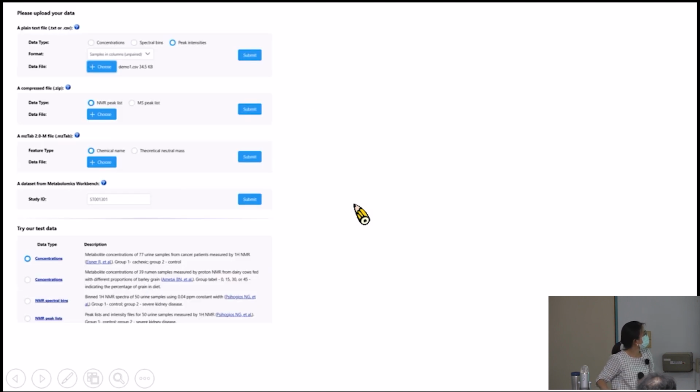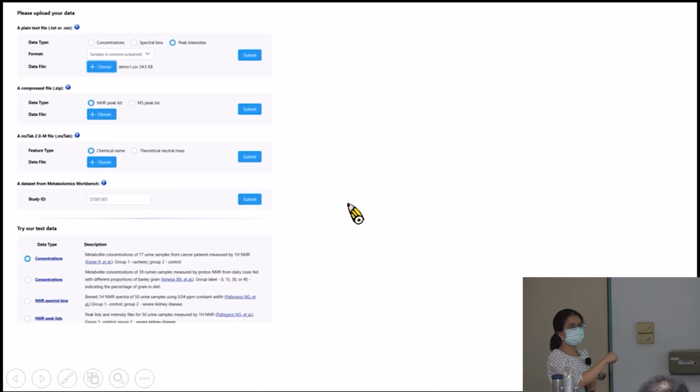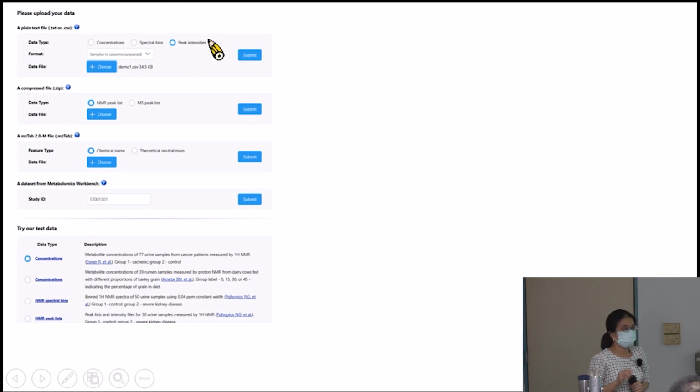Okay, so except for identification or integrating different platforms, this platform can also accept data in different forms, such as data with concentrations, or data with peak intensities.